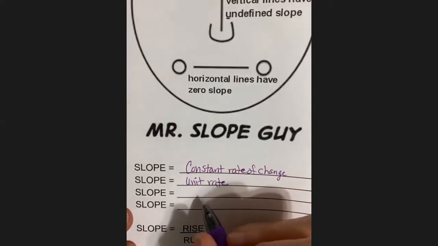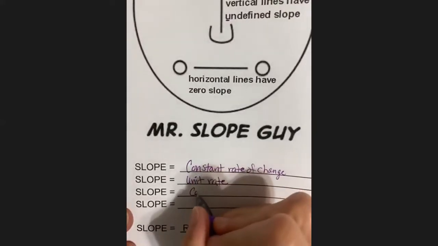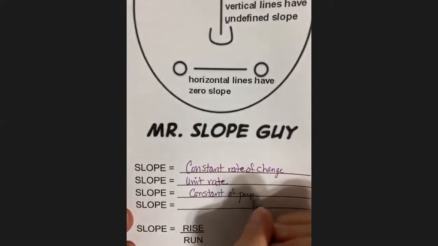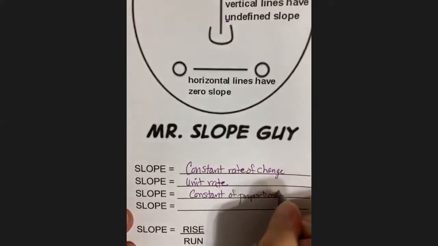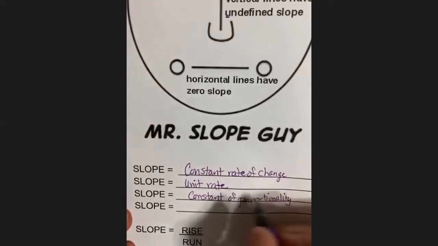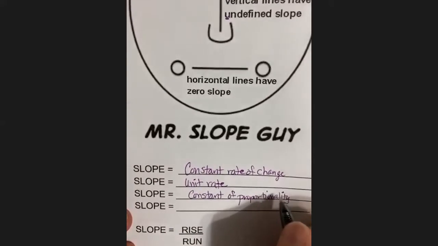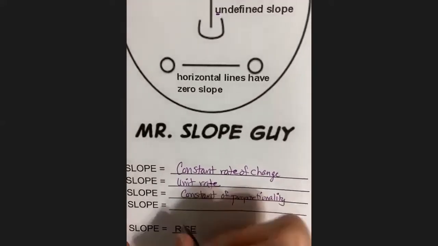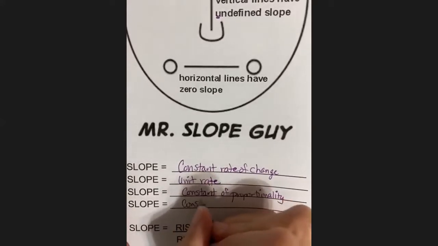And then you have slope, which could be called, and these are all names for slope, constant of proportionality. And we'll be getting into a lot of these words that kind of all mean the same thing, just different ways of looking at numbers and values as they go along those lines. And then you have constant of variation.